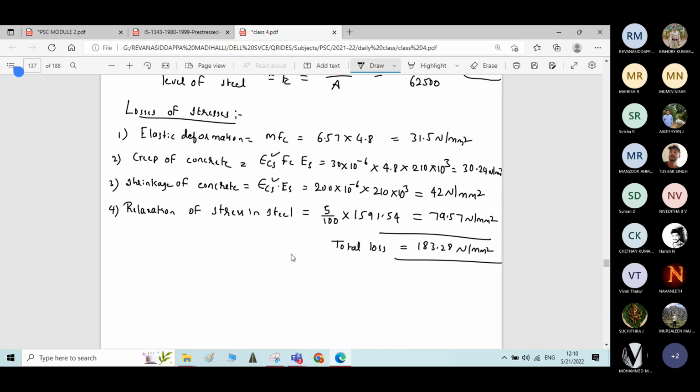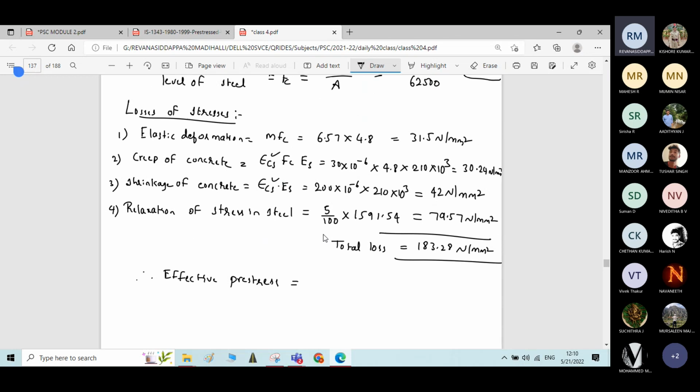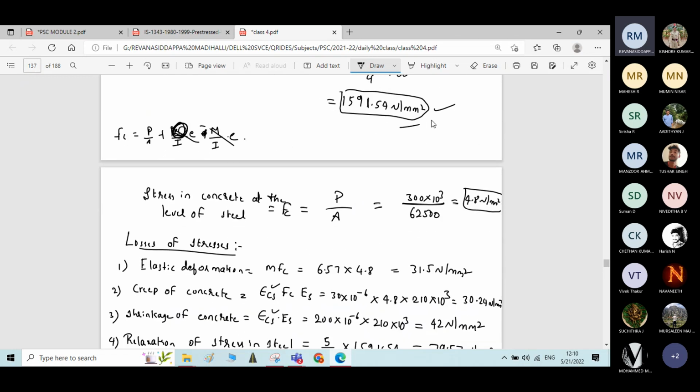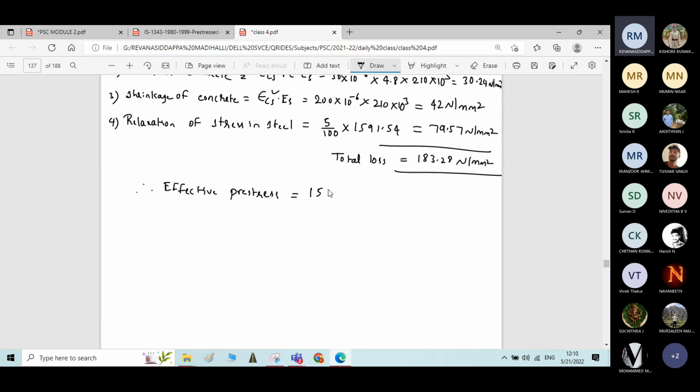After considering the losses, the effective pre-stress will be the initial stress, 1591.54 Newton per mm square, minus the loss of 183.28.